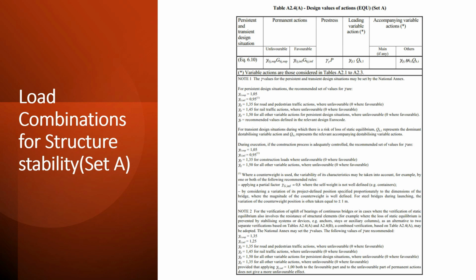And the same applies to the leading variable. Now you can see why I explained the leading variable load in the previous slide. If you have four or five variable loads, you have to consider one load as the leading variable load, like gamma Q1 and Qk, and the other loads will be multiplied by gamma Q. The gamma Q coefficient is mentioned here, and psi 0, this psi coefficient, I mentioned in my last video for the different category loads, whether traffic loads or building loads, in the tables in my previous video.